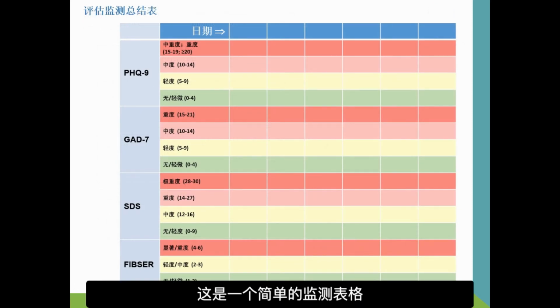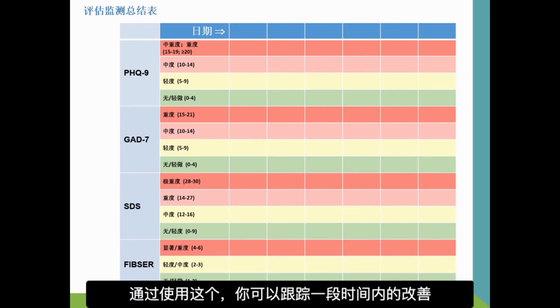Now, this is a simple monitoring form that we recommend to be able to keep track of the scores over time in your patients. And so it's very easy to use. You give the date here, and on any particular date, you simply enter in the scores on the 4 scales according to the category of the score.